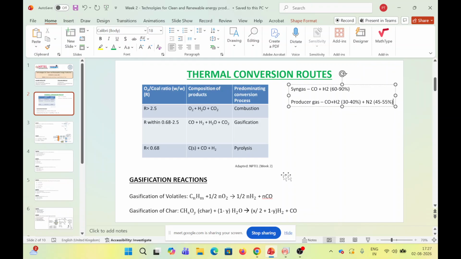In case of using oxygen, in the gasification of the volatiles, the carbon compounds, when they react with oxygen, they generate carbon monoxide plus hydrogen gas. Whereas if you react them with steam, again it's going to produce hydrogen gas plus carbon monoxide.